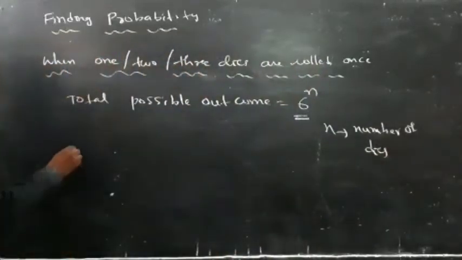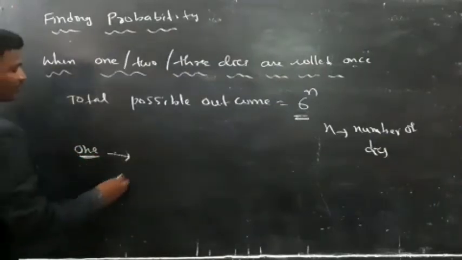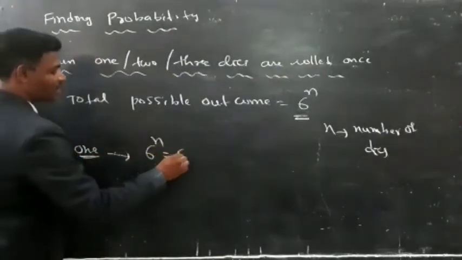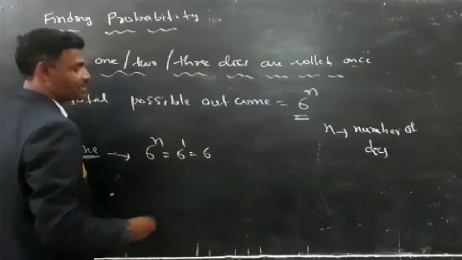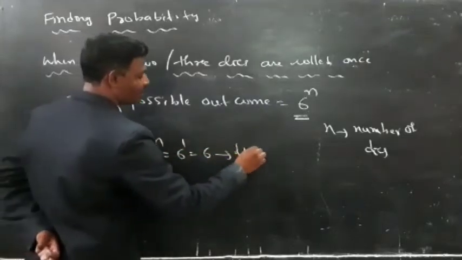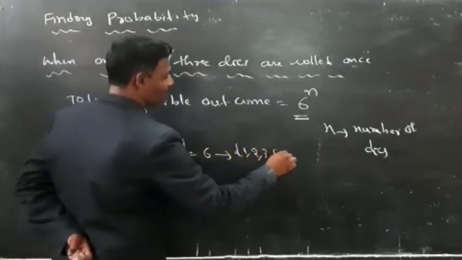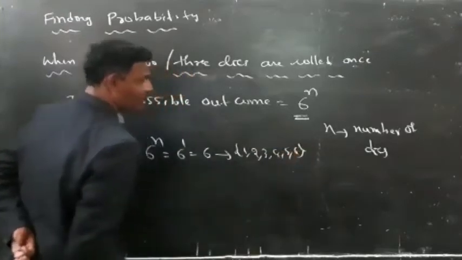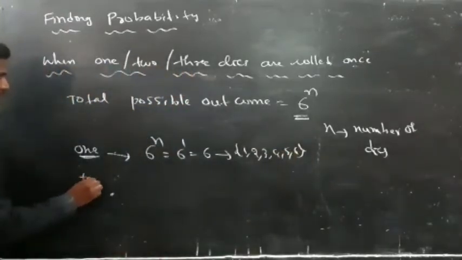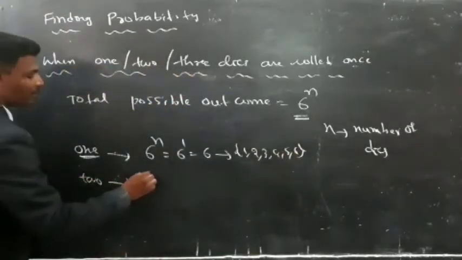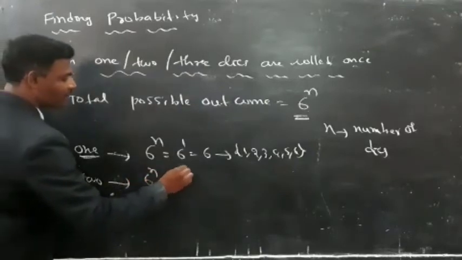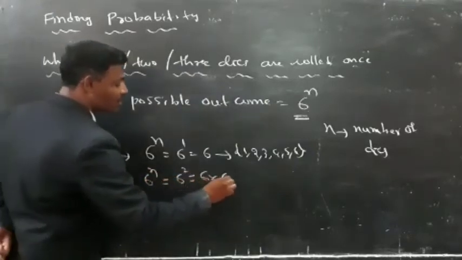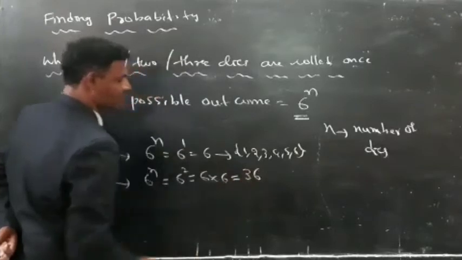For example, when one die is rolled, the total possible outcomes are 6 power 1 is equal to 6. So there are 6 possible outcomes: 1, 2, 3, 4, 5 and 6. When two dice are rolled, total possible outcomes are 6 power 2 is equal to 6 into 6, 36.